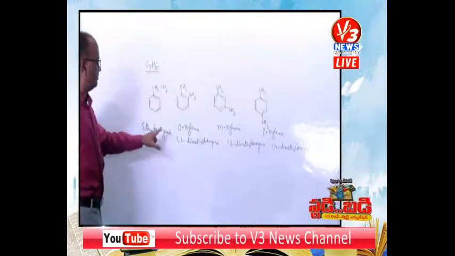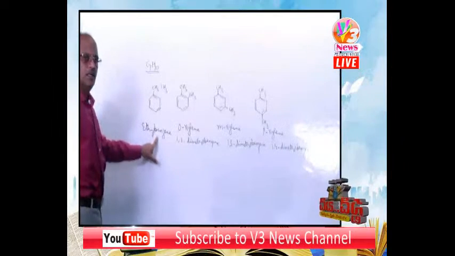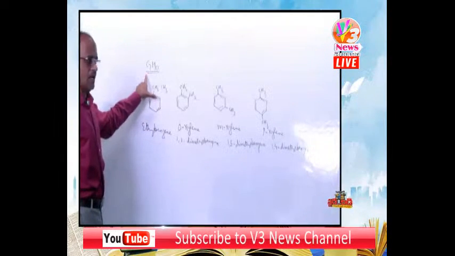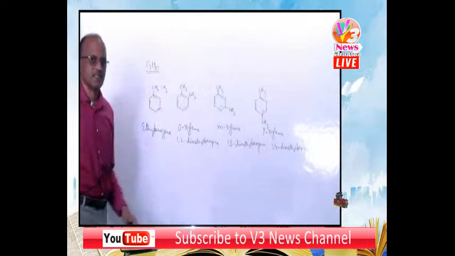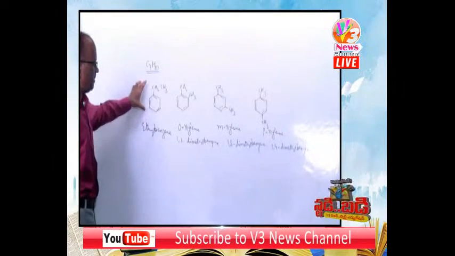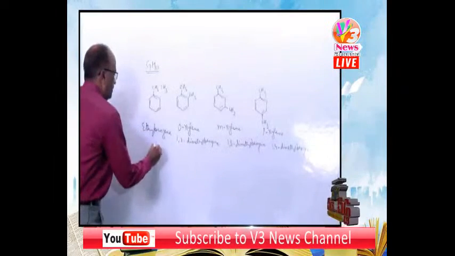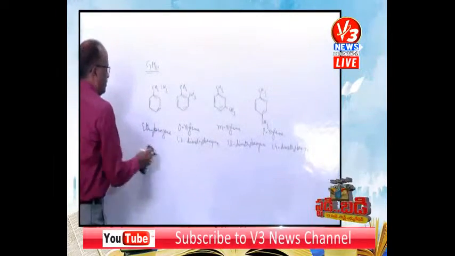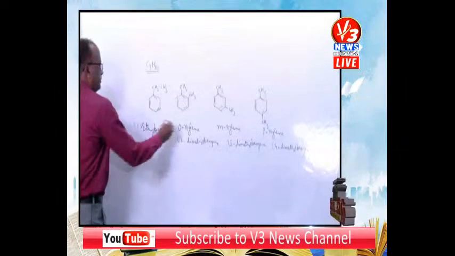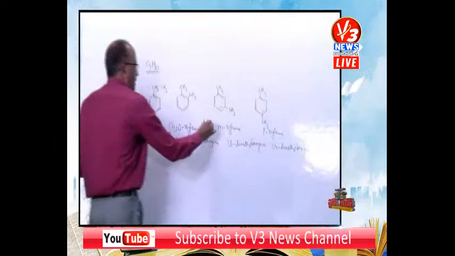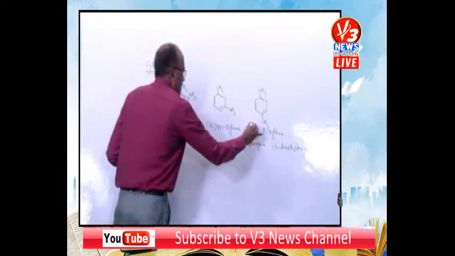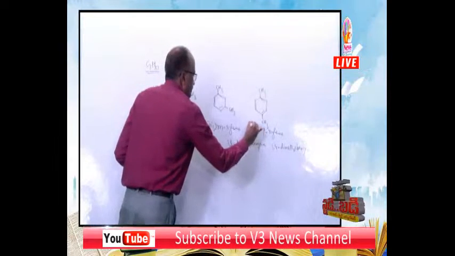Now, observe this one, same formula but different structures. Now, if we take relation between this one first compound with other three compounds, what is the difference you find?